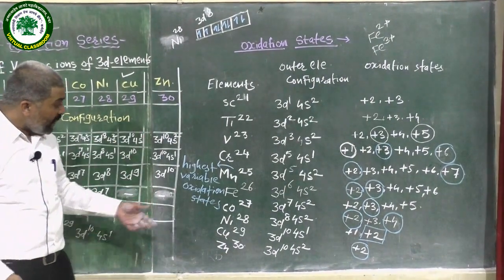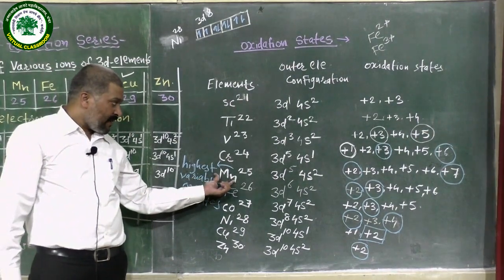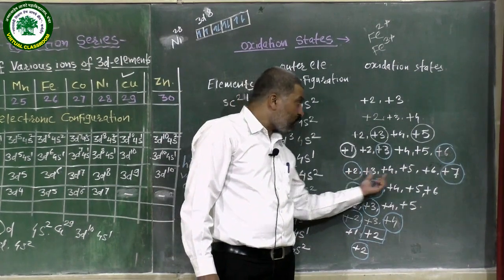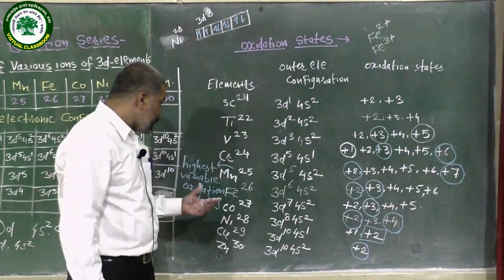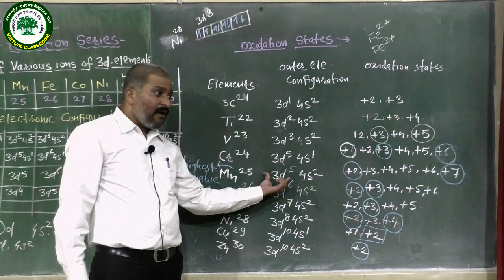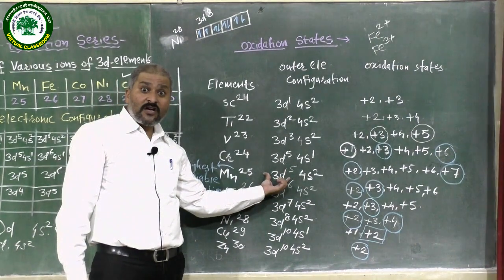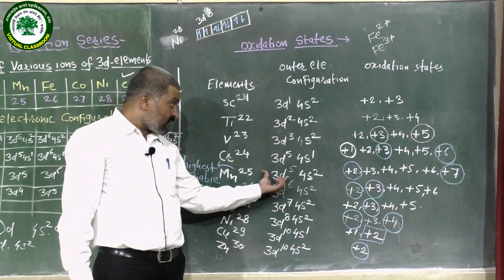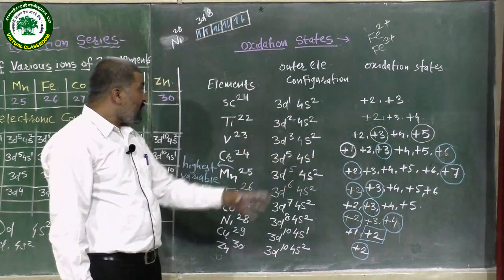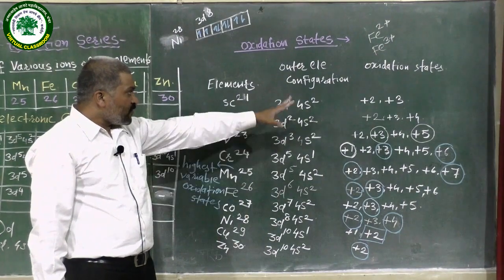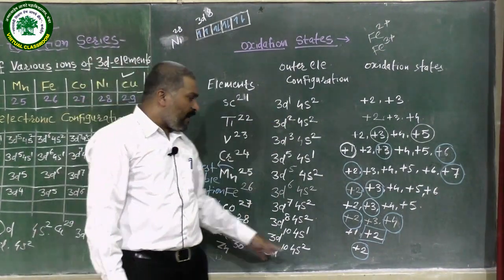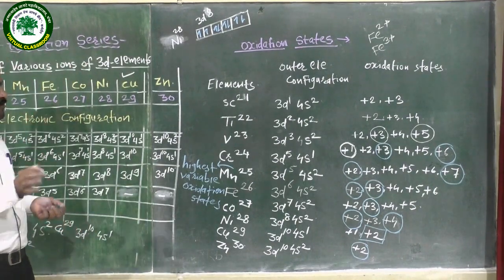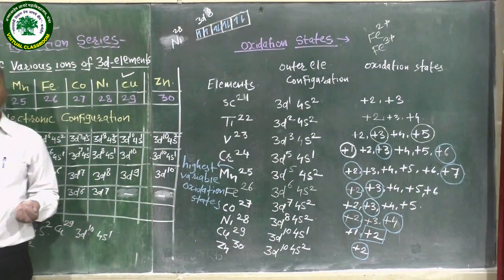Out of these 10 elements, manganese shows the highest oxidation state, from +2 to +7, because manganese has 5 unpaired electrons in the subshell. Scandium shows +2 to +3, and copper and zinc both show the di-positive ion or +2 common oxidation state.